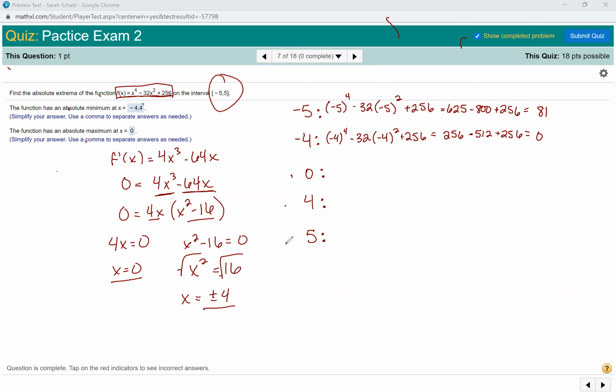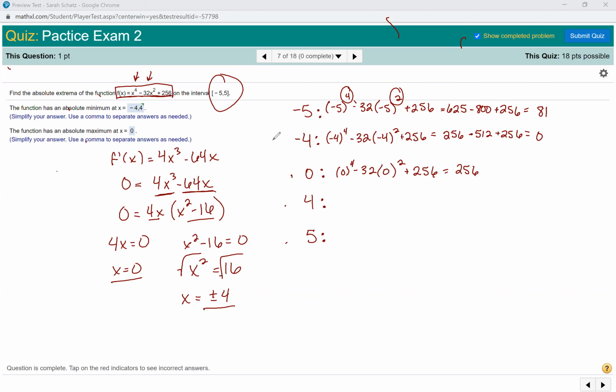So obviously, testing at 0 is pretty easy because if I put in 0 for x, I'm looking at 0 to the fourth minus 32 times 0 squared plus 256, what's left over is 256. And guys, notice that every x in the original function is raised to an even power.